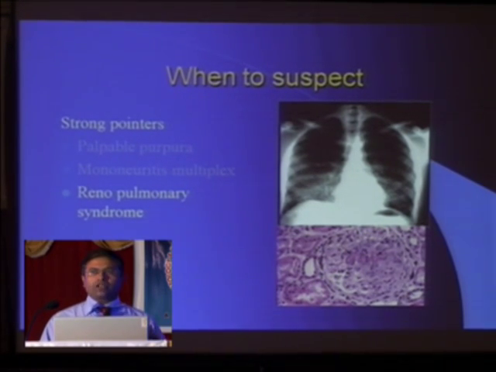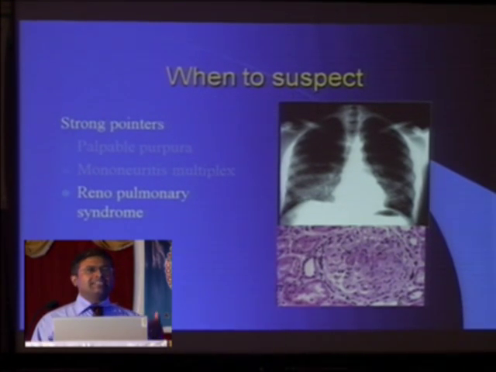Lupus of course is one of them, but in SLE you would have got a clue even otherwise, and your ANA and other things will tell you. One more condition which is not vasculitis is Goodpasture syndrome, but besides that it is either Wegener's granulomatosis or microscopic polyangiitis or Churg-Strauss syndrome. So in other words, the moment you have a combination of glomerulonephritis in the kidney and some form of breathlessness and lung infiltrations in the lung.